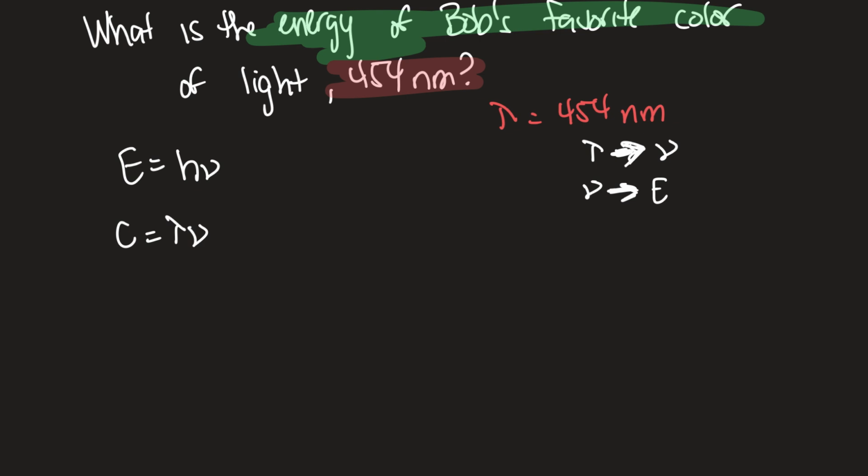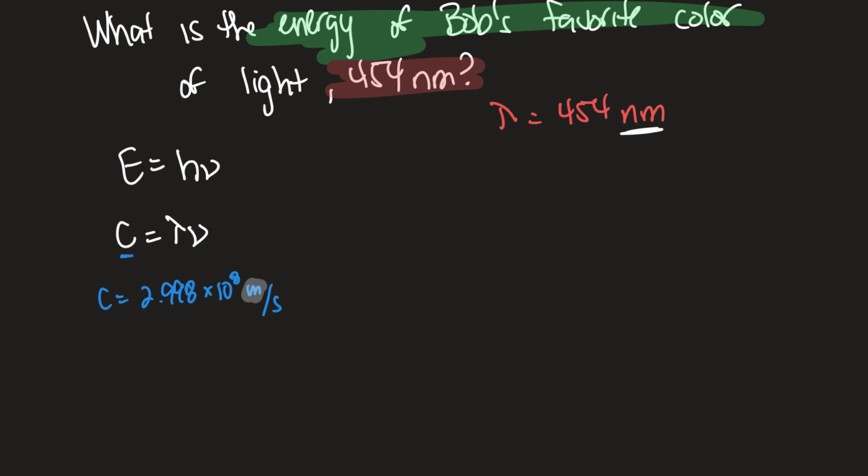Now, remember, when we're looking at units here, wavelength typically needs to be in meters, because the speed of light is 2.998 times 10 to the eighth meters per second. The biggest thing is that the unit is in meters. Because this is in nanometers, we have to convert it to meters first.